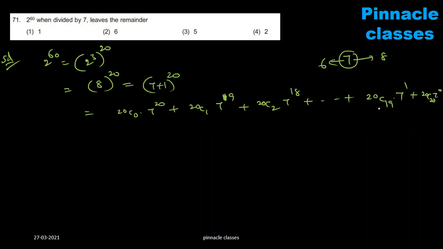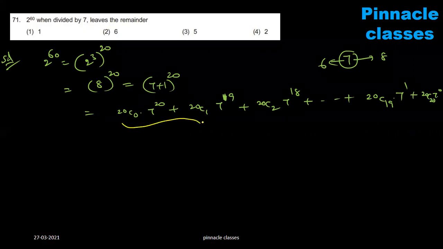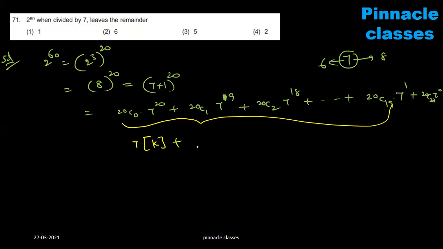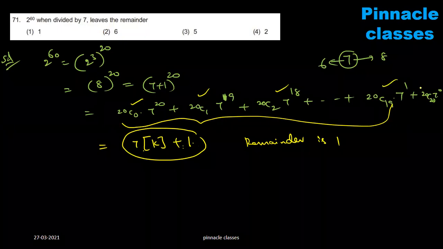Anyone, what are you observing? In each and every term, 7 is the common factor, plus 20C20 means 1. So this value is exactly divisible by 7, plus the remainder is 1. Each term is divisible by 7 except the last one. That is the meaning.